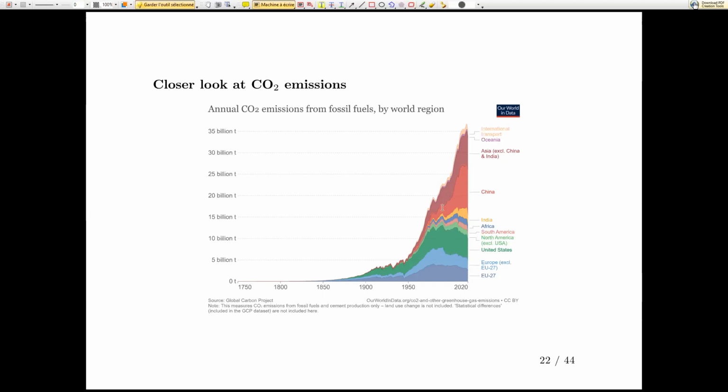But then what's exploding there? That's China, of course. India is increasing a bit, but India is way behind China in terms of emissions. So where does this greenhouse gas come from in China?